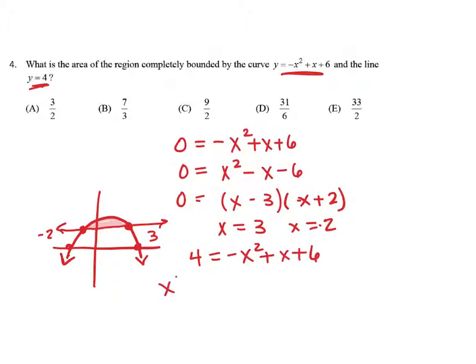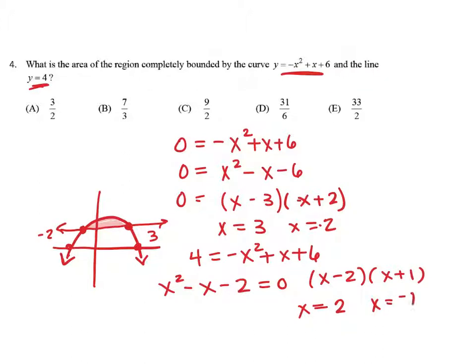Move everything over, so x squared minus x minus 2 equals 0. And factoring that, that's going to give you x minus 2 times x plus 1. So our limits of integration are going to be 2 and negative 1.